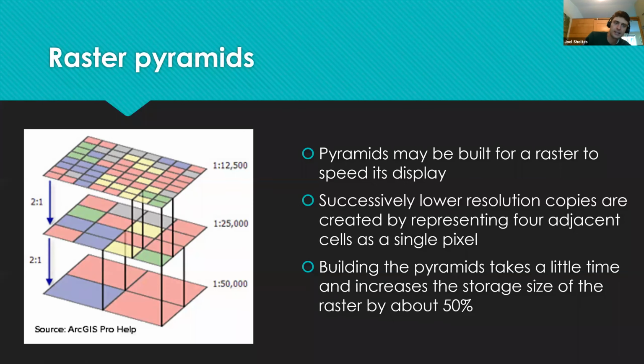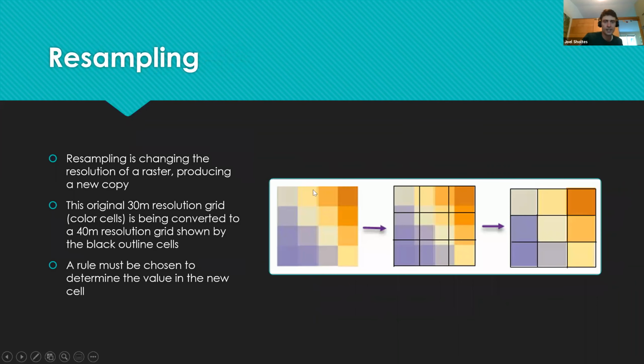Resampling. So this pyramid is kind of like, to build this kind of pyramid file, you end up resampling the raster. So if this is your highest resolution version, you resample to kind of get coarser and coarser resolution. So there's different schemes and ways to resample a raster, and it comes up in a couple things. So we'll just kind of visualize it. If we go from fine to coarse resolution, we have this kind of fine resolution raster here on the left.